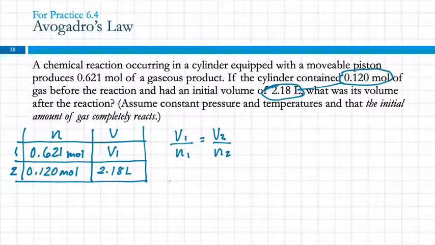Again, we've got fractions here. Good idea to cross multiply. V1 N2 equals N1 V2. I am trying to find this missing piece, V1, so I'm going to divide both sides by N2 so I can get V1 by itself.